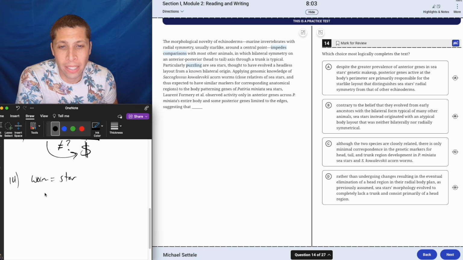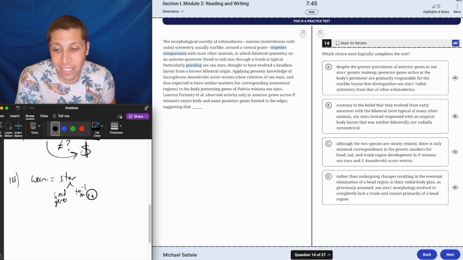So they observed activity only in anterior genes across the star. So the star is head genes, and some posterior genes limited to the edges. So these are tail genes, only in edges. What?